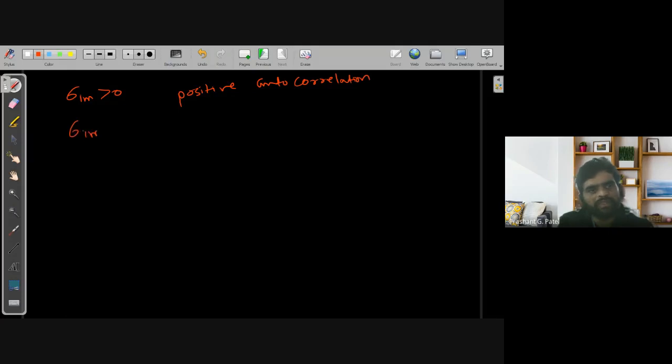If this rho Im is negative, then negative correlation is there. So these are the things which you need to note, and let's see an example and we'll understand via an example.